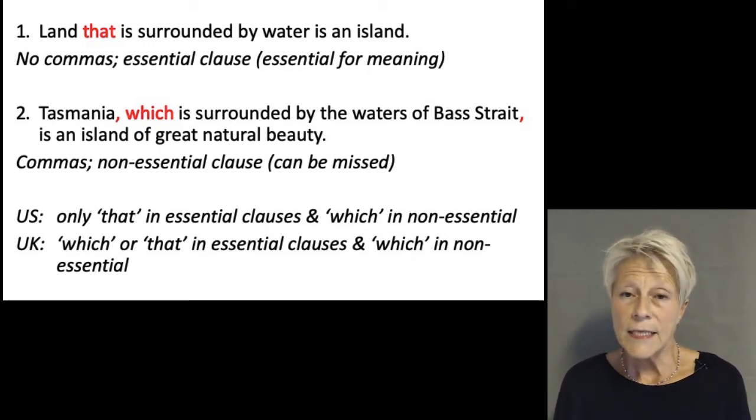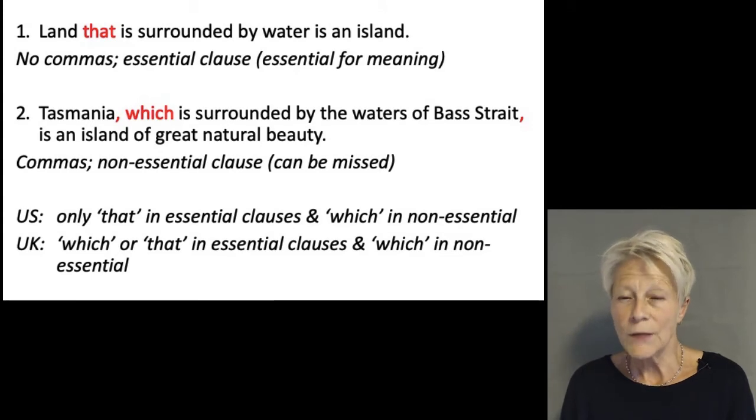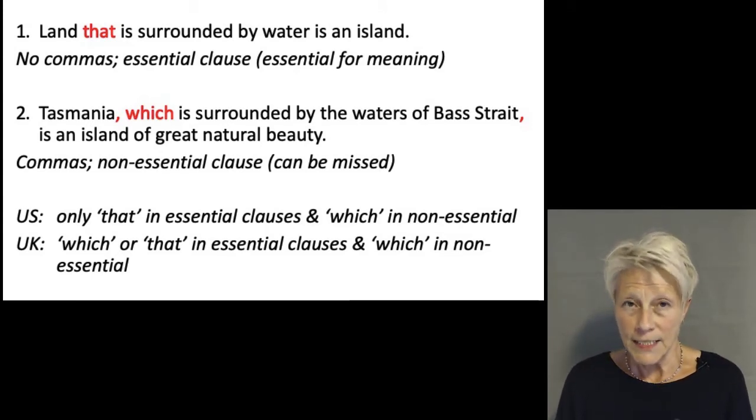This also means that the American way is approved by the British too. Now, to profit from this signaling force of the distinctive use, the that for essential and the which for non-essential, this distinctive use is absolutely the best solution. So I would say follow the American here.